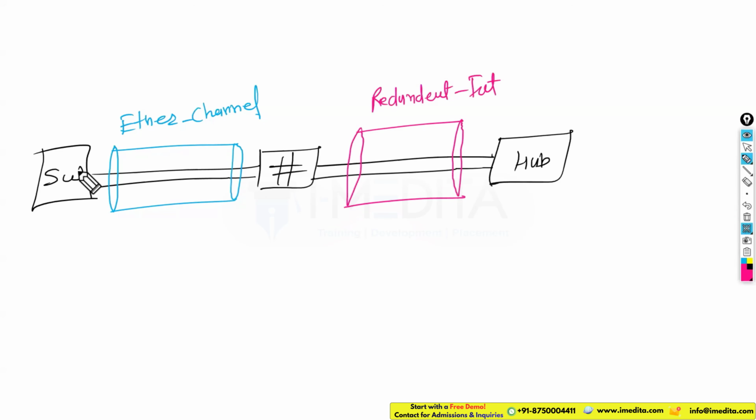Ether channel you can only configure when the opposite device is manageable, when you can configure something there. If the opposite device is unmanageable, then you can't do any configuration here, so you can still use redundant interface. For example, ports 1 and 2 you can put in Ether channel, and 3 and 4 you can use with a redundant interface.